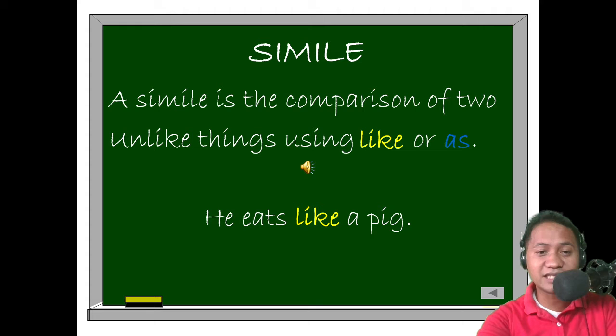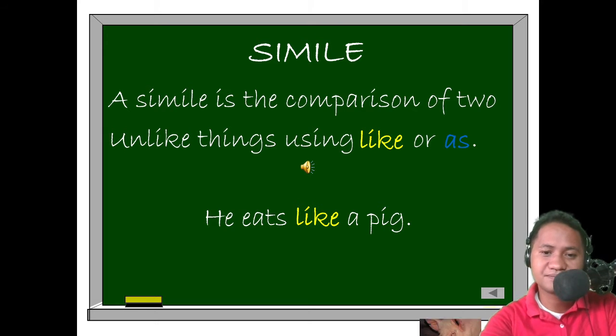He ate the same as a pig. There are two unlike things: a man and a pig, a man and an animal. They are compared. That is a simile.